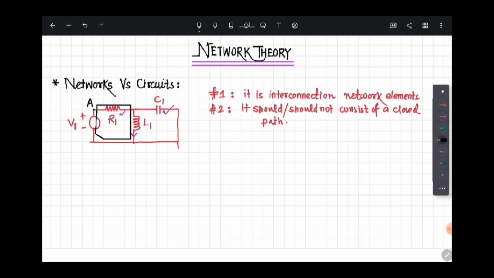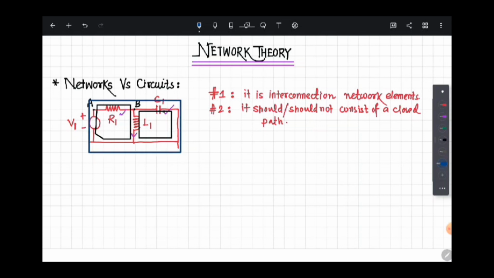Again, if we consider this as node B and we traverse like this in a closed path and we come back to node B, this is also a closed path. Similarly, if we take node A and we traverse like this, then we are able to again come back to node A. So this is also a closed path.